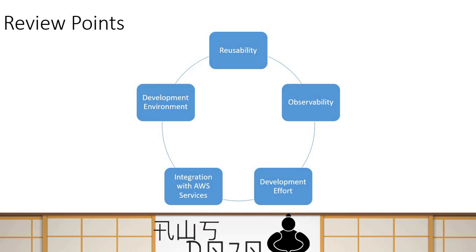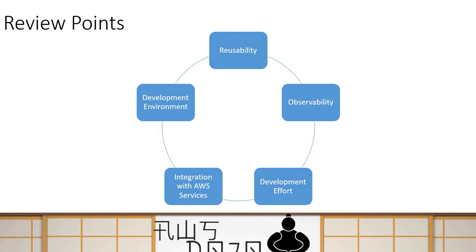Reusability is very important because when you are building a data platform, sometimes people write 100 pipelines or 1,000 pipelines. Depending on how big the data platform is and from how many data sources you are bringing the data, your platform could be very big.